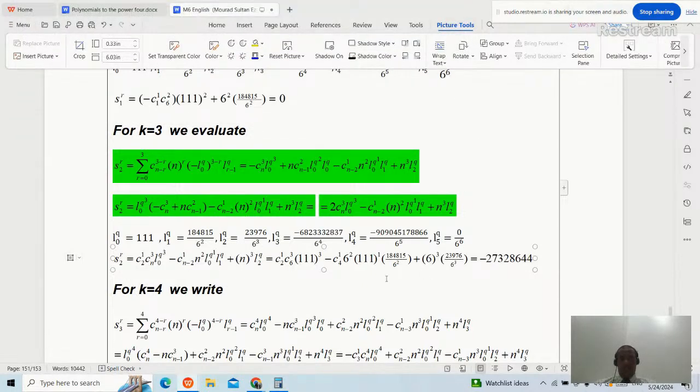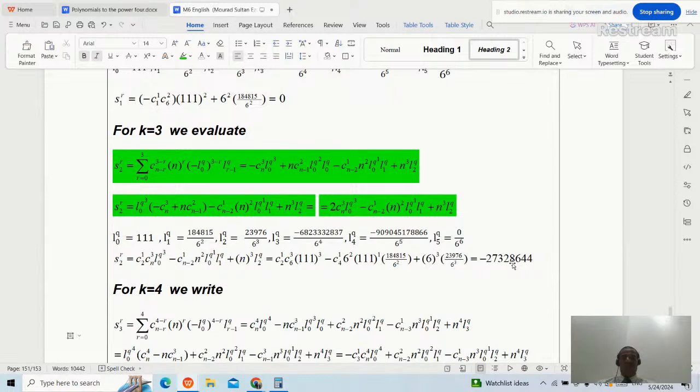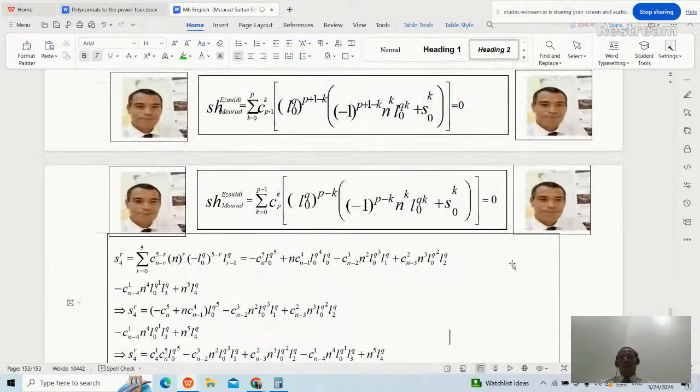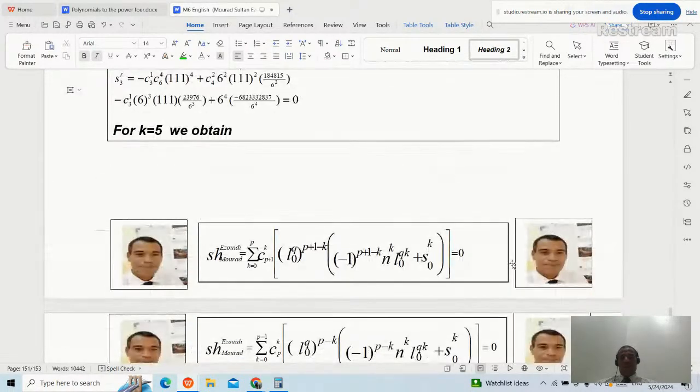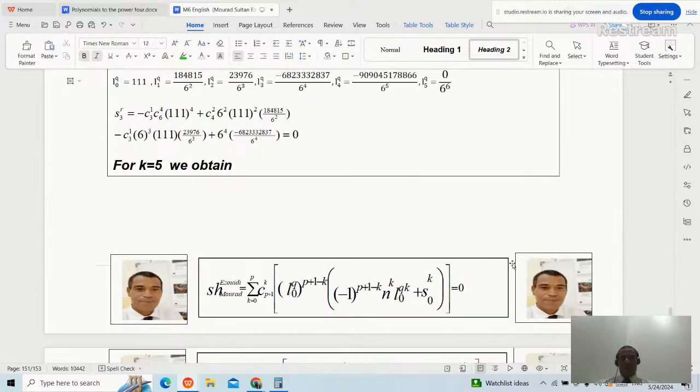So we continue now, learners. We obtain the value of S2, which is different from 0, and that is equal to negative 27,328,644. Now let's move on to when k equals 4.